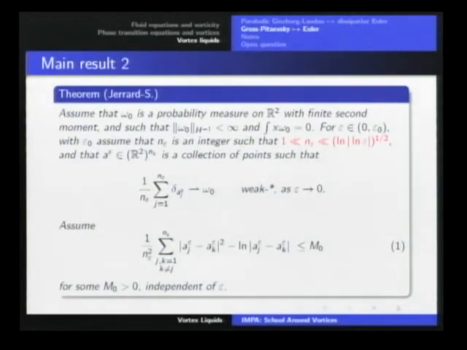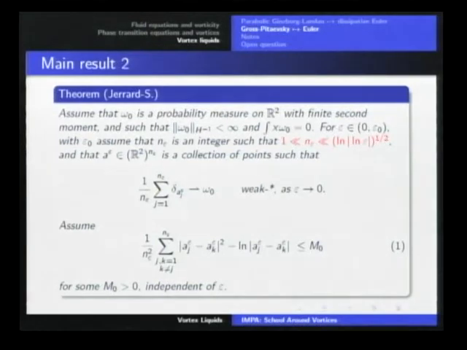And so this is the result that we can show: for any vortex measure with finite first moment, and n scaling at a slightly better rate, so log of epsilon is better than log of epsilon to a power, then these vortices are going to converge to omega naught.